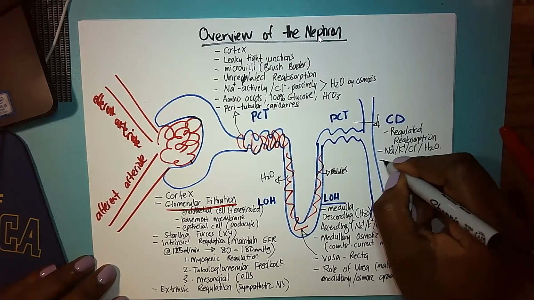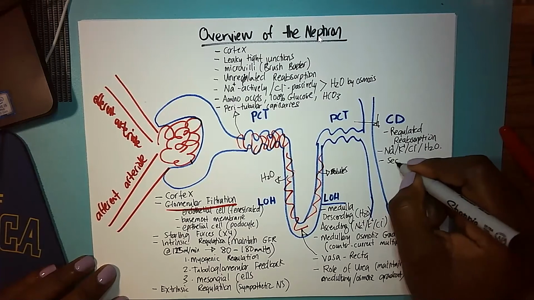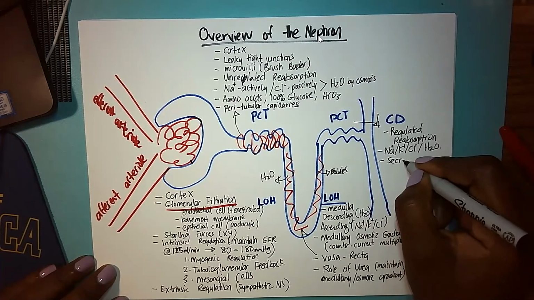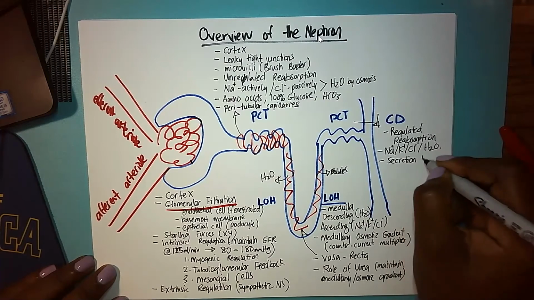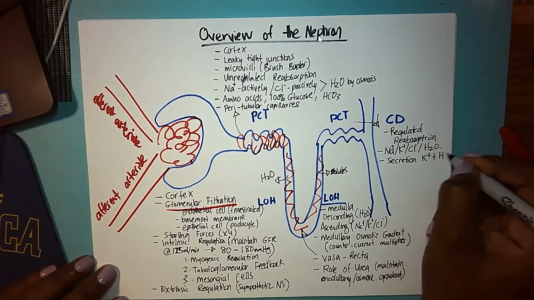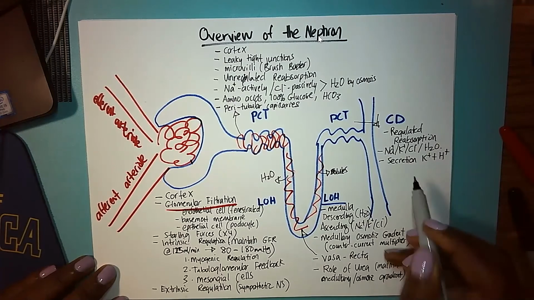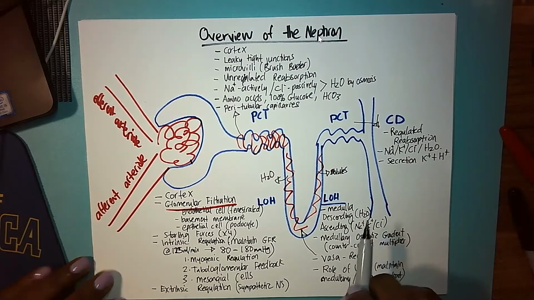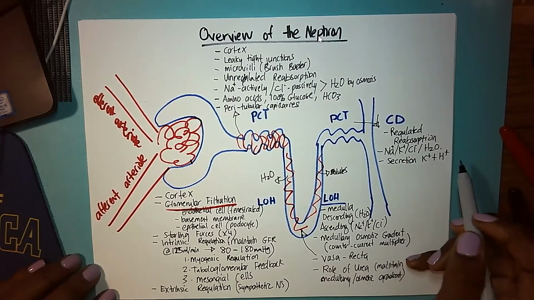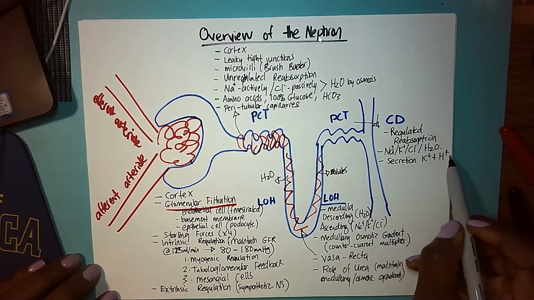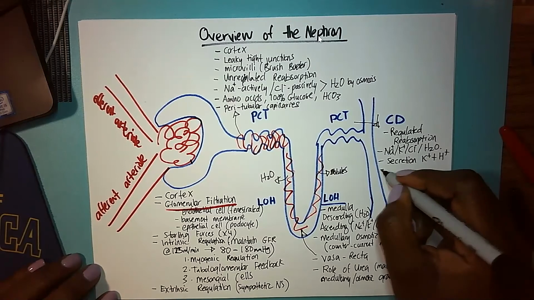The secretion that we see here is potassium and hydrogen ions. Potassium is a part of regulating our solute constitution, and hydrogen ions are a part of regulating our acid base.